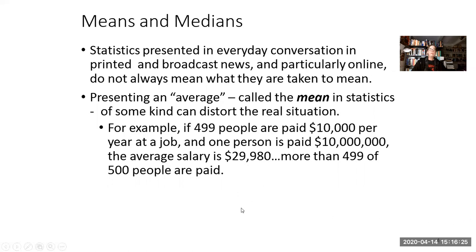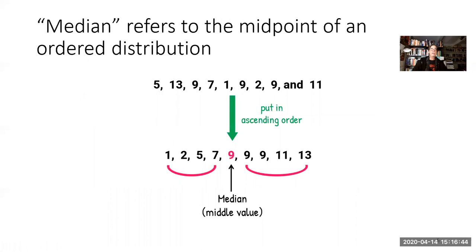So the midpoint's going to be 10,000, because that's what's going to lie in the middle of this line you've created by lining everyone up. So the median is that number that more or less divides the population in two on the basis of some variable.